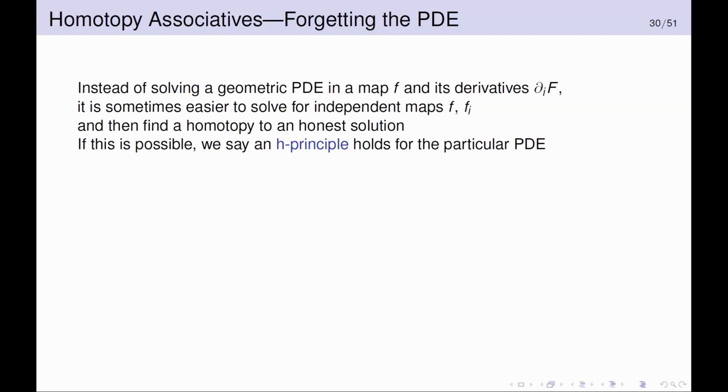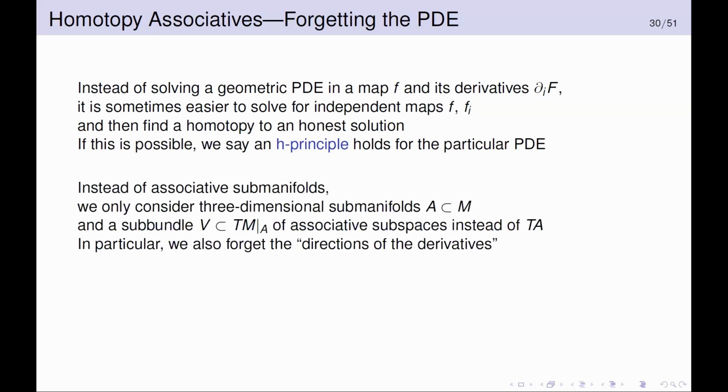So that's a typical example of an H principle. And I said at the end of the last talk, we don't know if the H principle holds for tangent almost G2 structures. It means we don't know that we can deform a tangent almost G2 structure back to one of holonomy G2. Yeah. So now, instead of associative submanifolds, we'll consider three-dimensional submanifolds in our G2 manifold M.